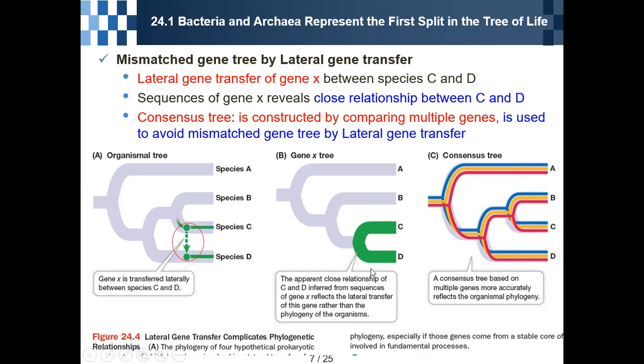So even though one gene is laterally transferred, since they compared multiple genes, their tree is exactly the same as the original tree. So the consensus tree is used to avoid mismatched gene trees caused by lateral gene transfer. Okay.